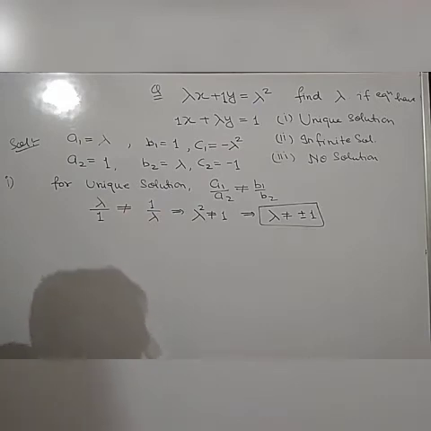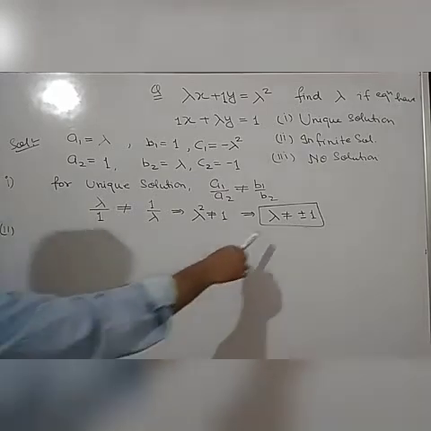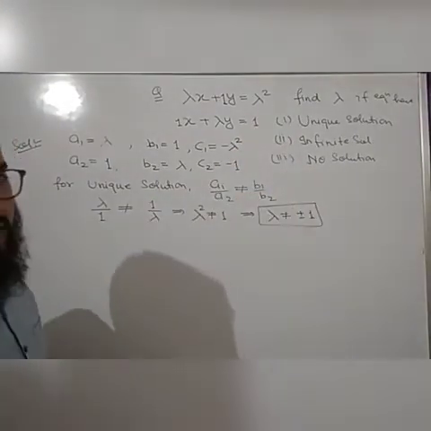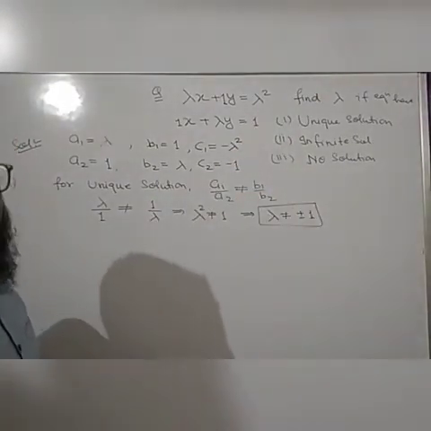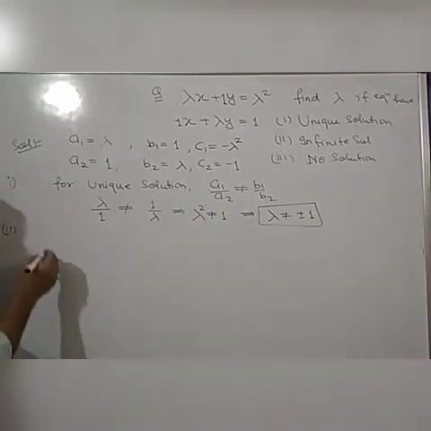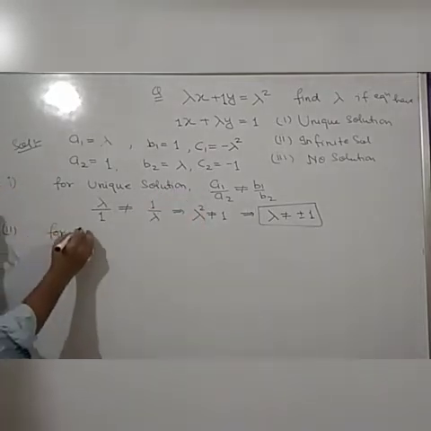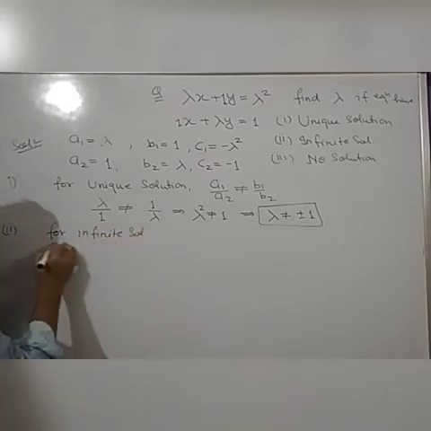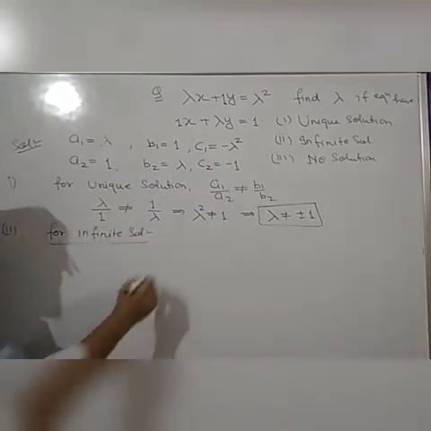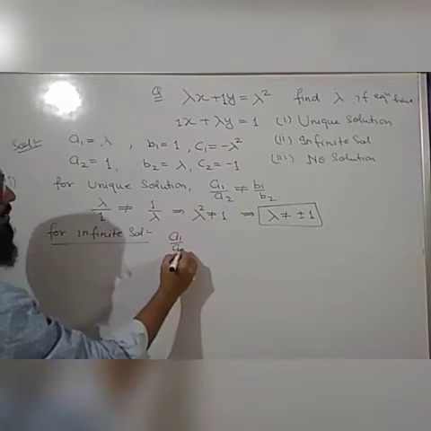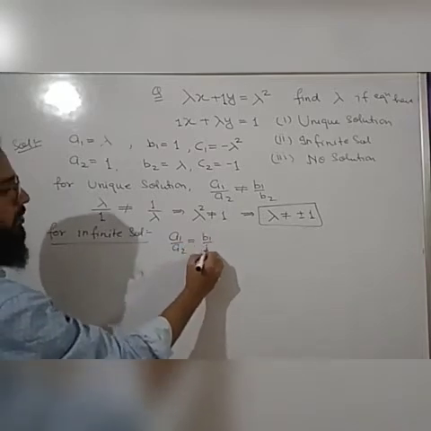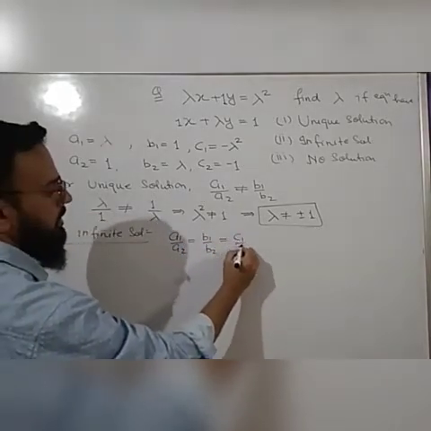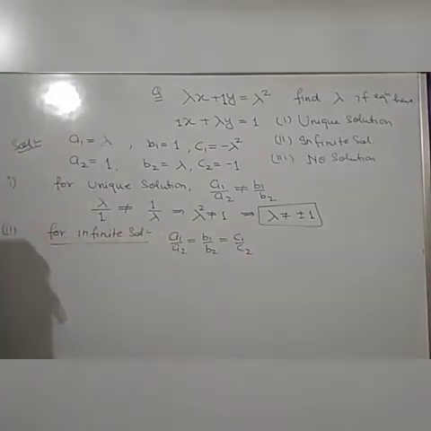Okay. Now, it is not the final answer. First we have to check all the three conditions. Then we will come to the answer. So the second condition is infinite solution. For infinite solution, the condition is a1 upon a2 is equal to b1 upon b2 is equal to c1 upon c2.